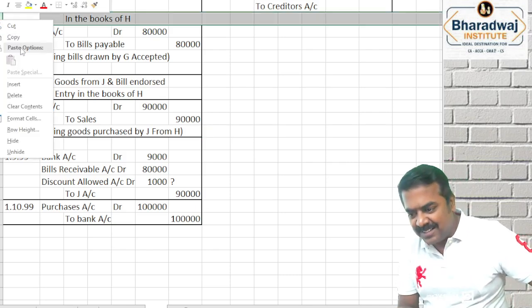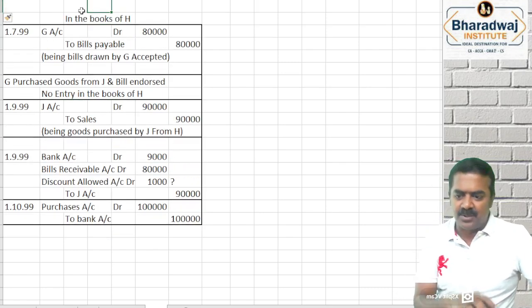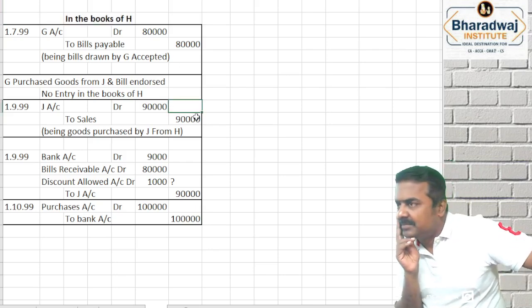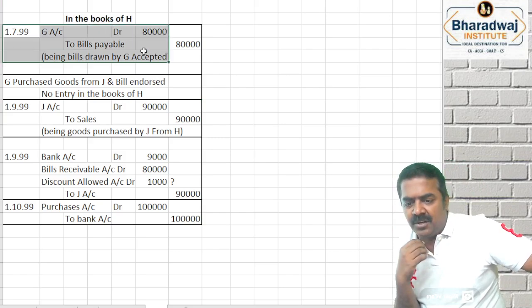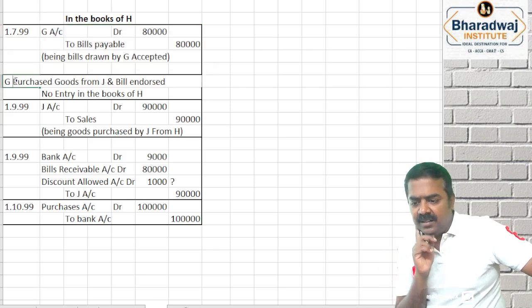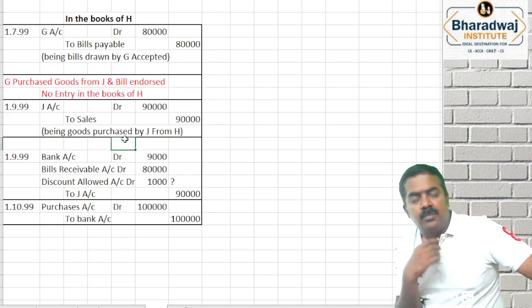It is not over. Think something more. It is not over. I repeat. G account credit to bills payable. Why? On 1st July we accepted the bill drawn by G. Then G purchased goods from J and the bill is endorsed. This is a transaction happening between G and J. No entry in the books of what?